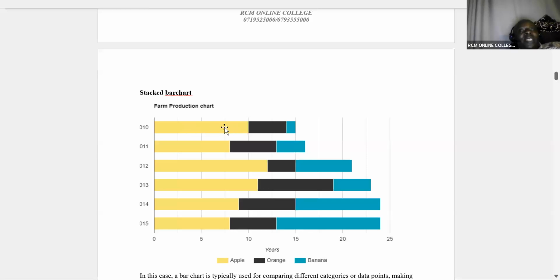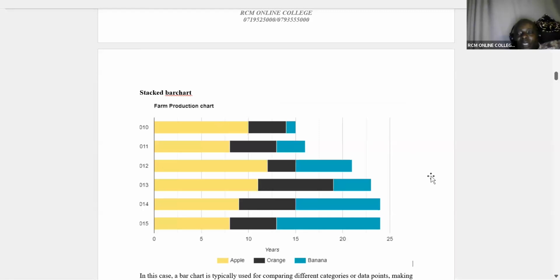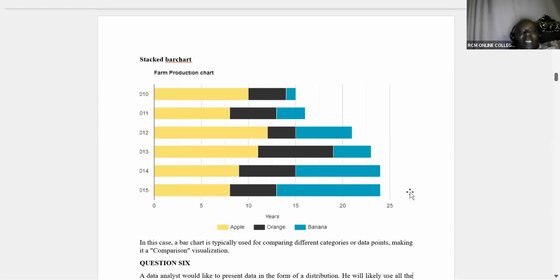Like now here, you can easily see. Let me see, I have the codes. Like this color here, which is quite close to yellow, I'm not very sure, is for apples. So you can see the comparisons here. I mean, apples, oranges, and bananas in this year 2010. Apples were doing very well.